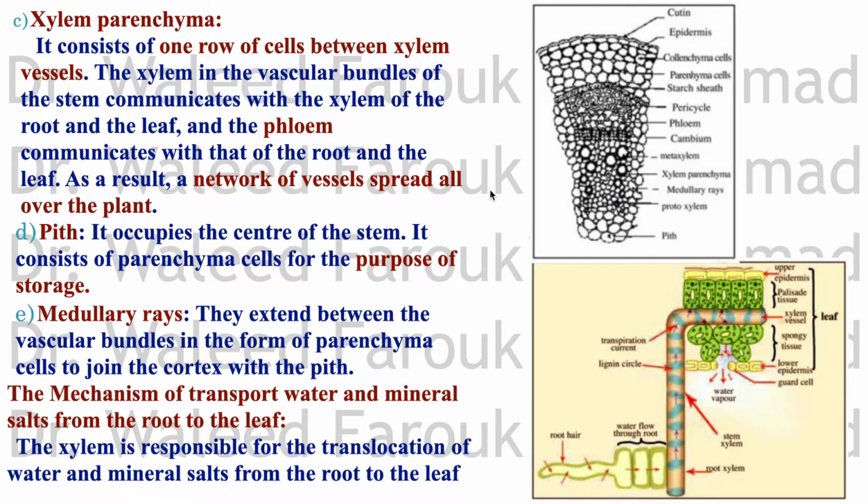And it's responsible for conveying the solute absorbed through the root hairs to the inside of the plant and delivering it to the rest of the plant. The phloem works on the opposite side.